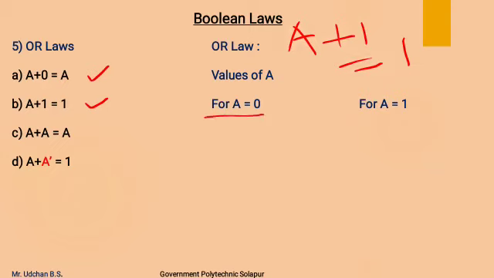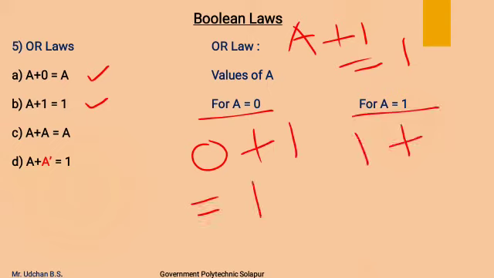So for a equal to 0, 0 ORed with 1 will give you 1, and for a equal to 1, 1 ORed with 1 will give you 1. So for a plus 1 we will get a value of 1.